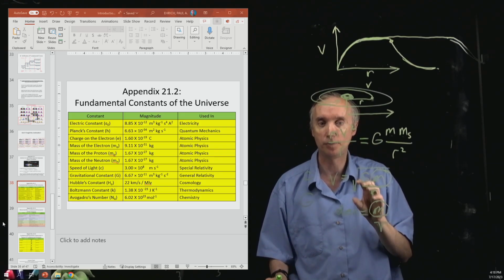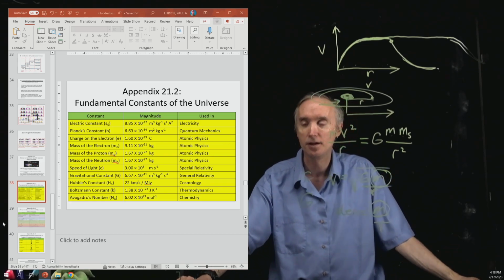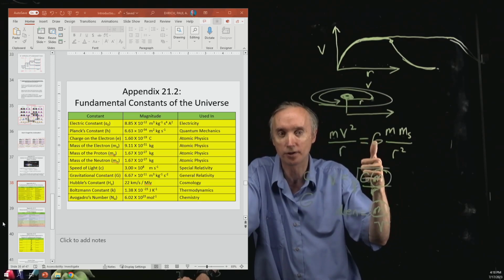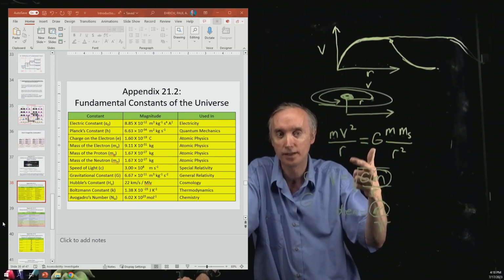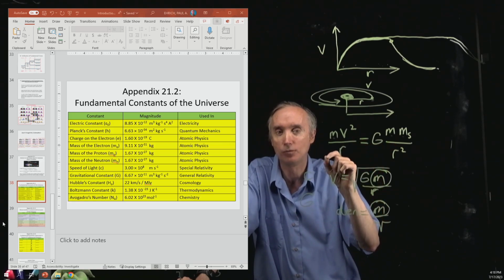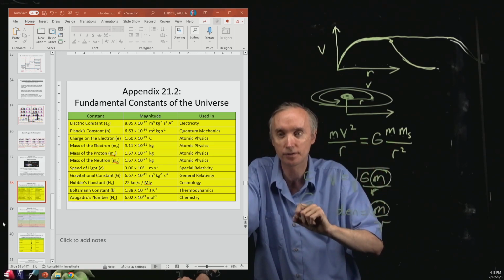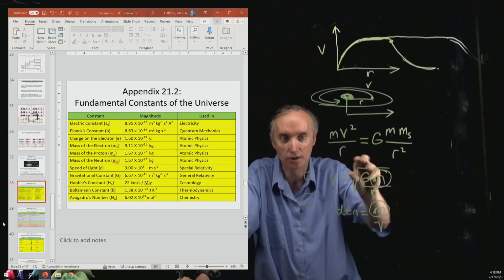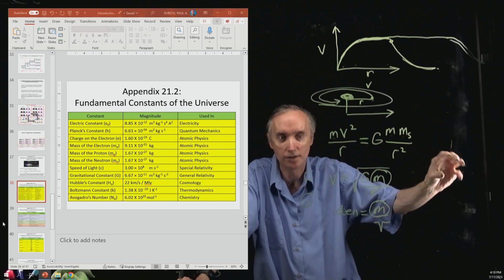This really bothers astronomers because in the same way that they'd like to have one particle in the universe, they'd like to have one force that controls everything, and they'd like to have one fundamental constant. Why are there 11 of them? So there are 11 fundamental constants.